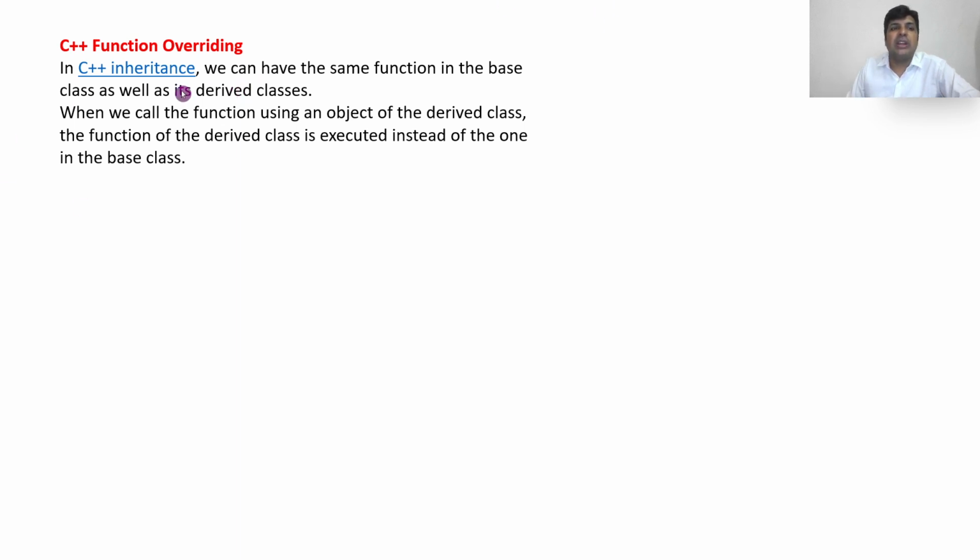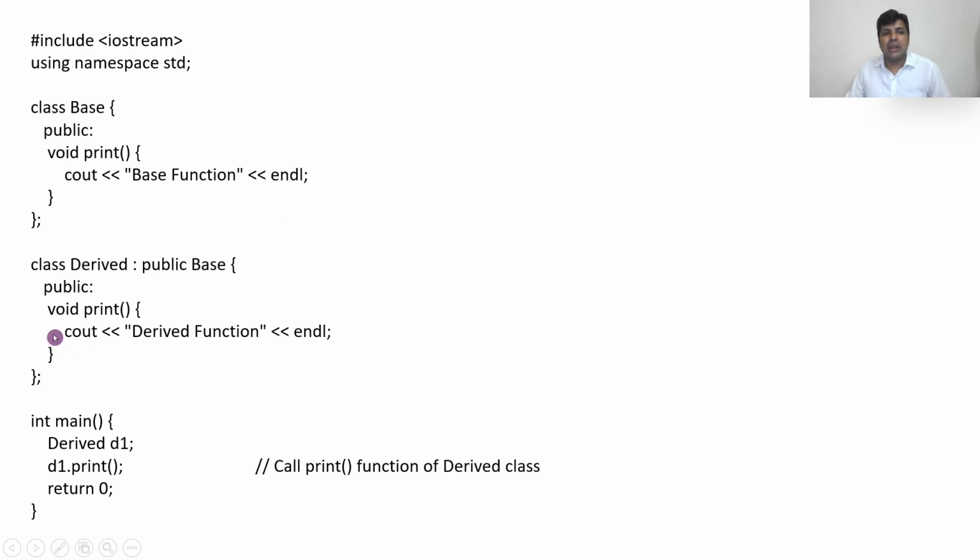In C++ inheritance, we can have the same function in the base class as well as its derived class. So when we call the function using an object of the derived class, the function of the derived class is executed instead of the base class. Let me show you an example. Suppose I don't have void print here, what happens when I say derived d1 dot print?